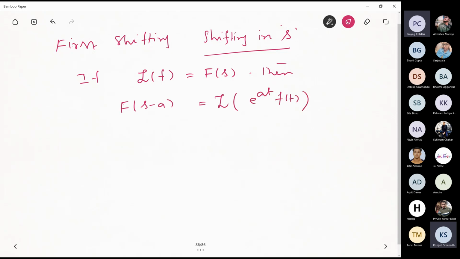That is, if I give a shift by a in the s variable, that actually amounts to multiplying the small function f by e power at. Here a is a scalar. So the proof is not difficult, it's an easy proof.